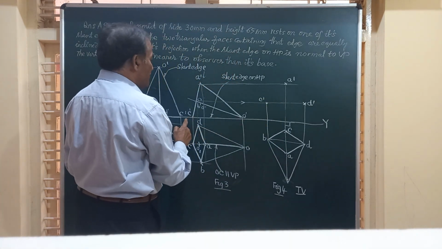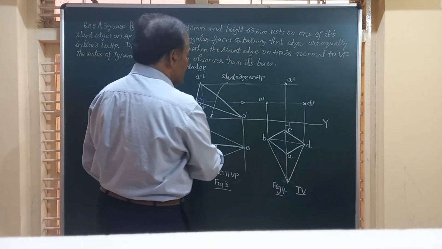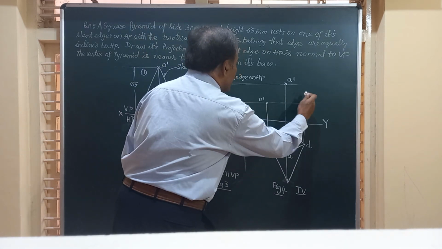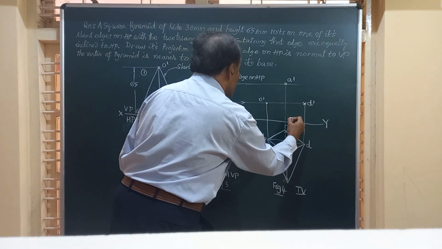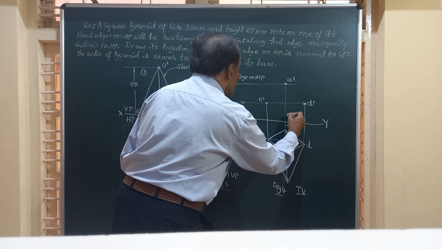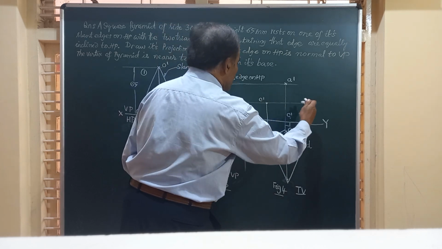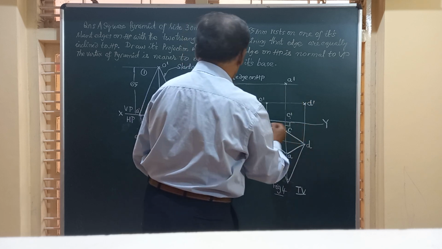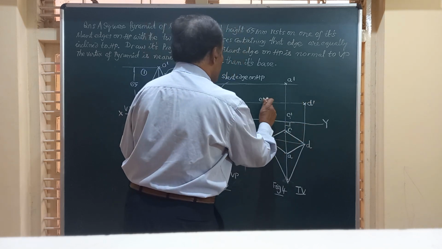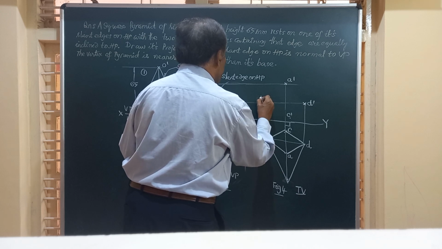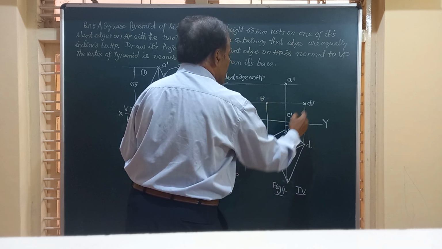Finally, friends, the point C is here. So this is A dash, B dash, this is C dash, and this is D dash.